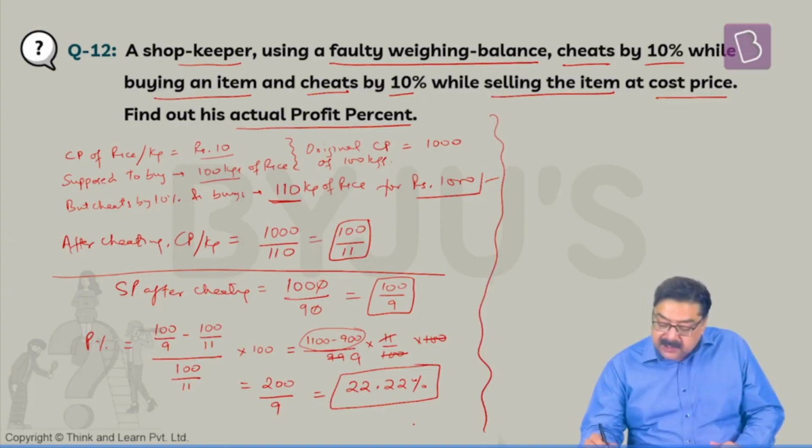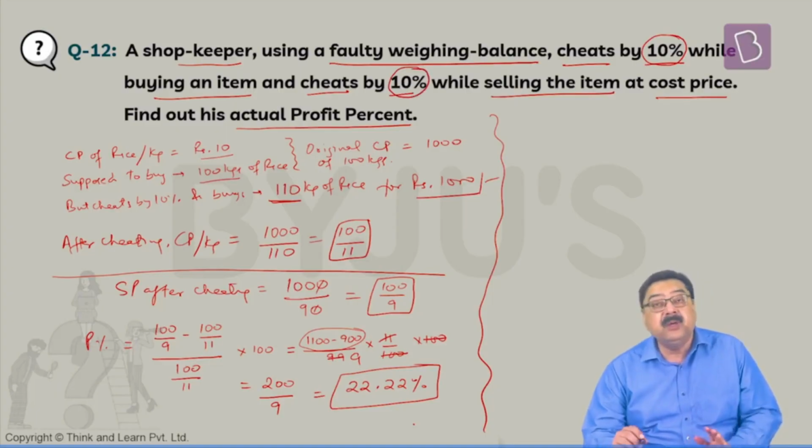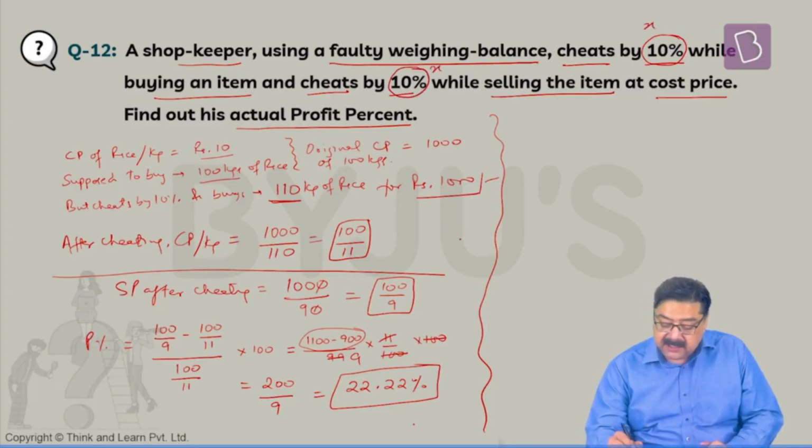Now in case while buying the cheating is 10%, while selling also the cheating is 10%, these two amounts happen to be the same, that is, let us say X. Then you can find out the profit percent by saying this is 2X by (100 minus X) into 100.